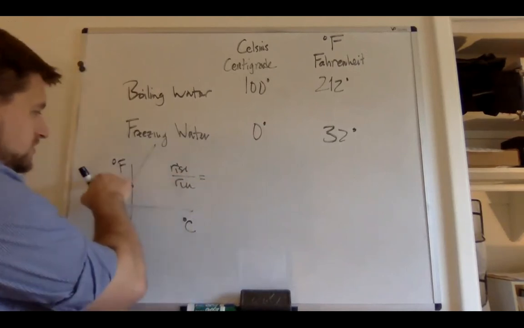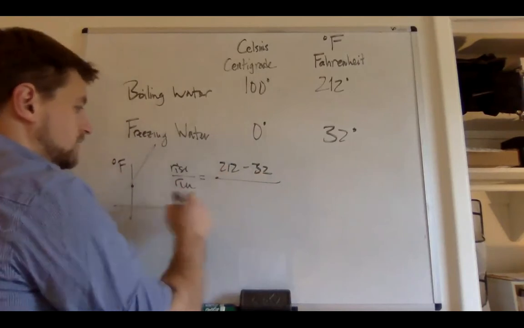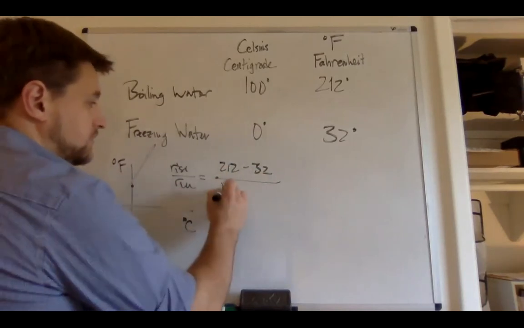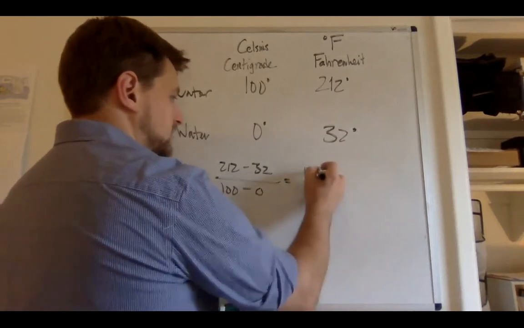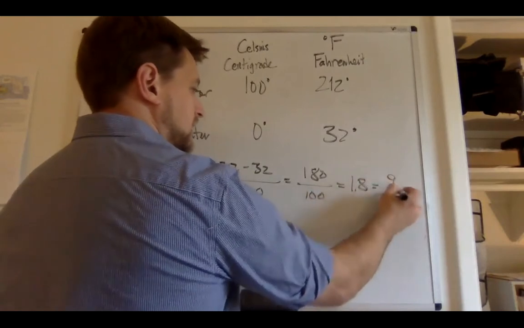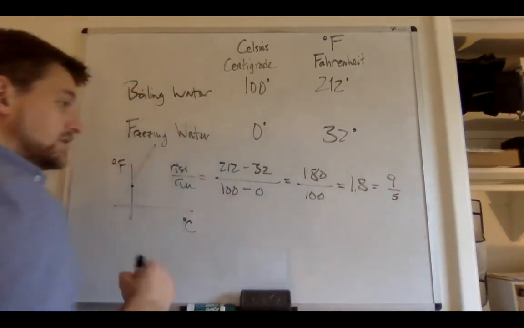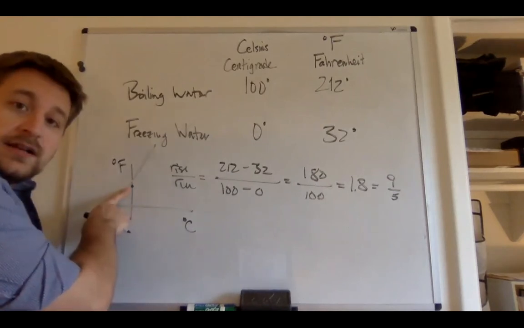So it's the change in the Fahrenheit from 212 to 32, and the run is the change in the Celsius from 100 to 0. So it's 180 over 100, or 1.8, or 9/5. So the slope should be 9/5, and we can see the y-intercept just from here.